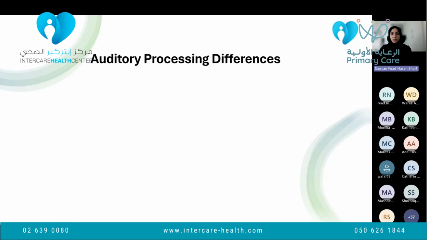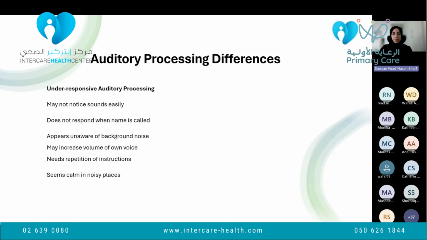And now let's move to the auditory processing differences. If the child is under-responsive to auditory processing, they might not notice sounds, might not respond to others, they will not respond to their name, and they appear not aware of background noises.